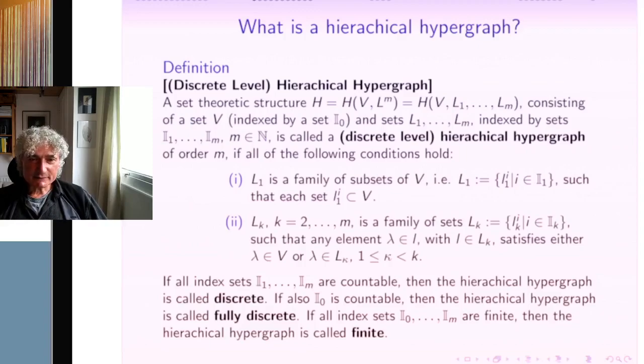Because of this construction of sets of sets of sets, you can realize, because of the problems of set theory, if you form infinite constructions, just think about the Russell paradox.